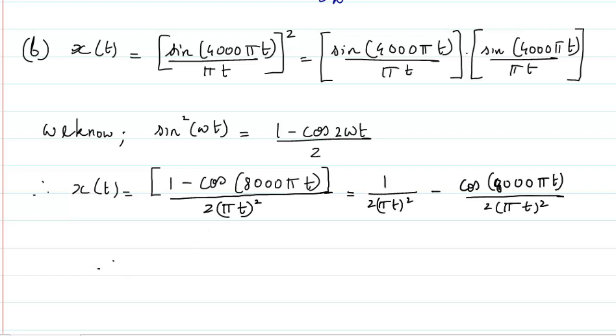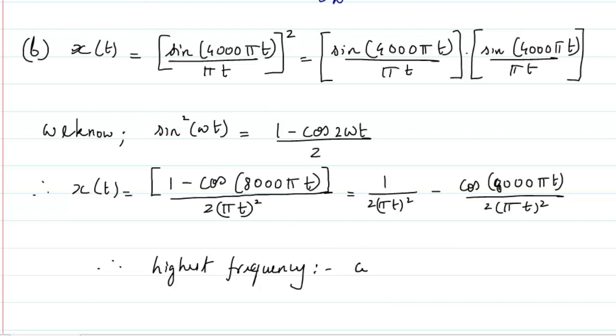Therefore highest frequency. If you are going to look, this part will not have it, only the second part will be having cos, so I will write omega m, or I can write even fm, no problem.